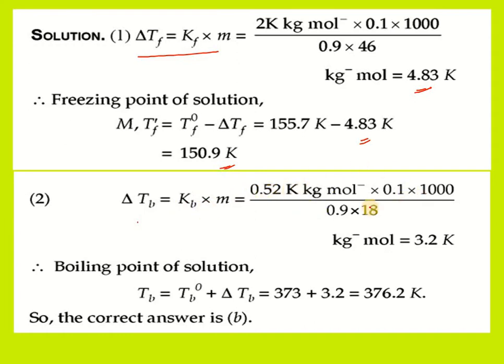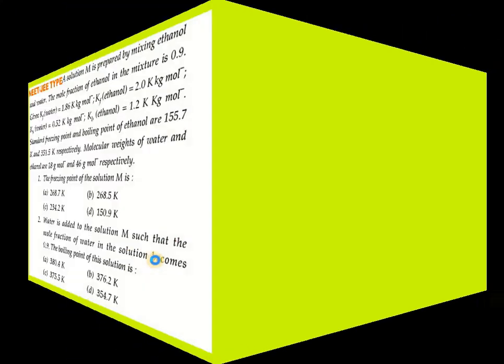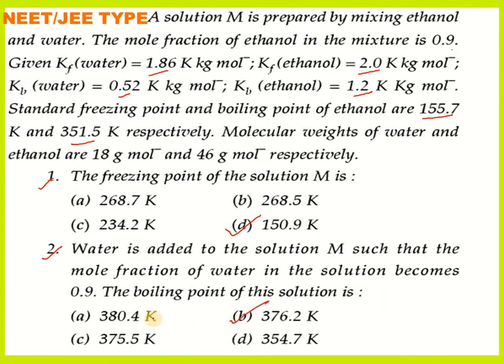The ΔTb after calculation we got as 3.2. Now the boiling point of the solution is the boiling point of the solvent plus the ΔTb value. If we add both, we get 376.2. So option B is the right option for this second question after simplification.